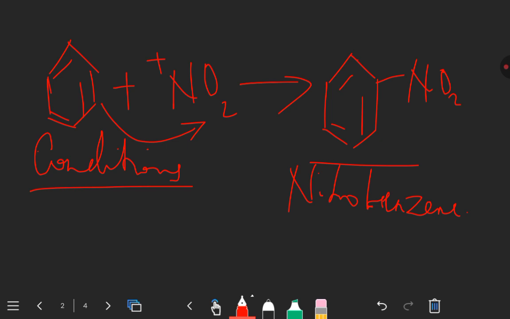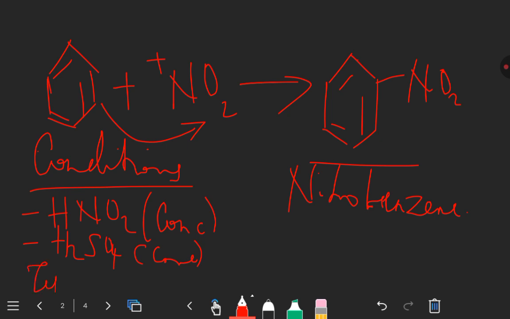So the first thing is that there has to be the presence of nitric acid. As I mentioned earlier, this nitric acid reacts with the sulfuric acid. So another reagent which must be there is sulfuric acid. And we should take note that the nitric acid and the sulfuric acid must be concentrated, so just indicate in brackets conc.